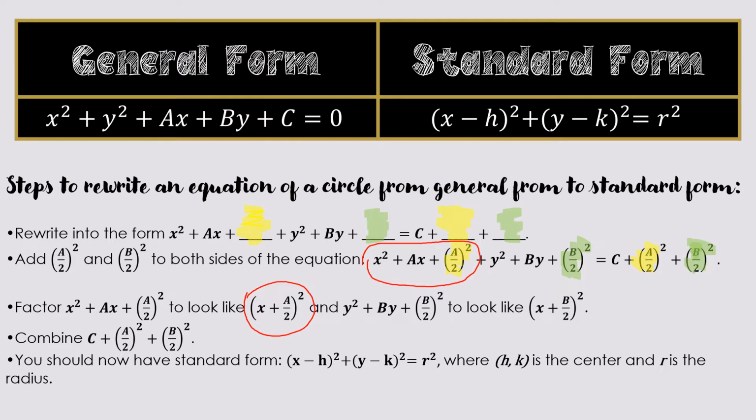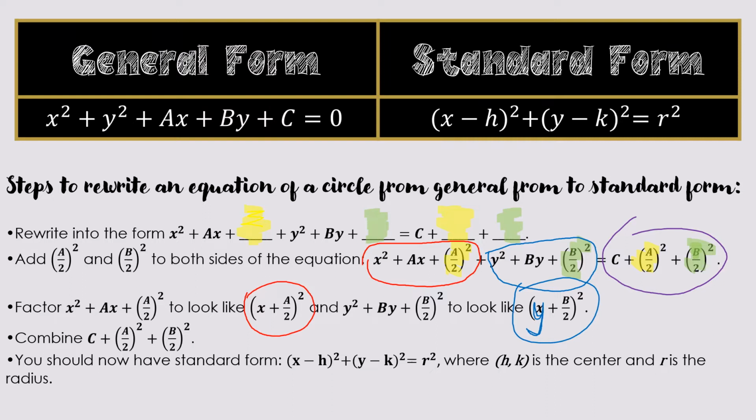Same thing with the y squared plus by plus b over 2 squared. It will end up looking like, and there's a typo right there, that should say y plus b over 2 squared. And then you are going to combine these three numbers on the right side, and that'll give you a single number. Once you do that, you will be in standard form.